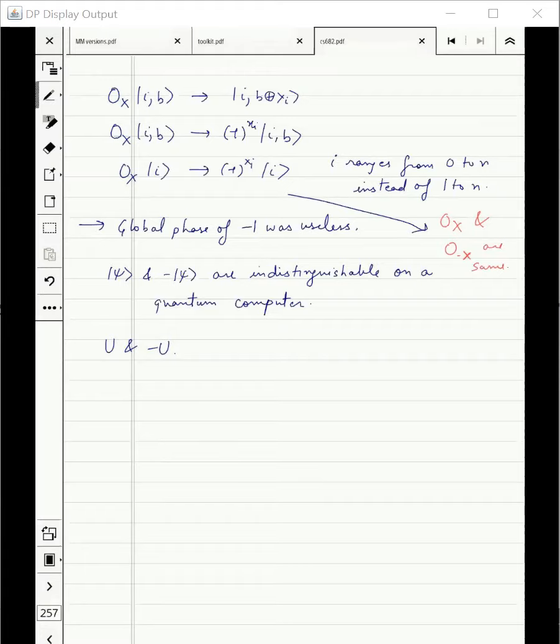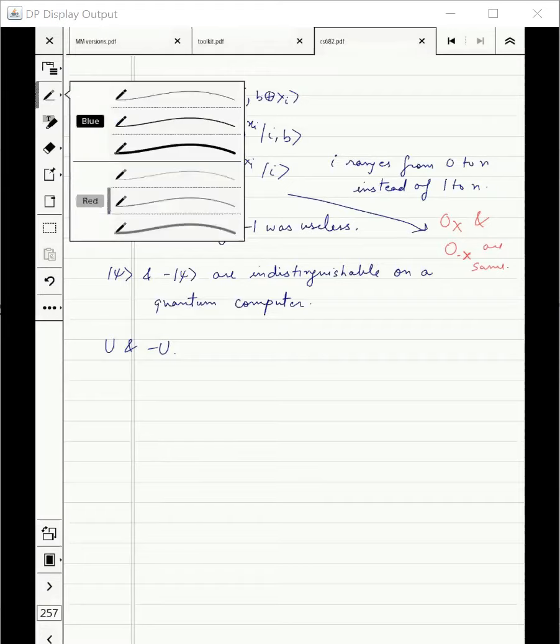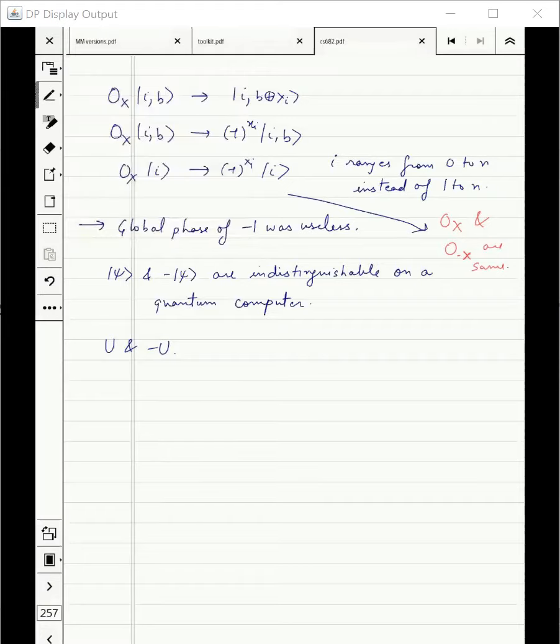Right. So now, again, this is basically showing that U and minus U are exactly the same operator for a quantum computer. It doesn't matter which one you apply. Your final state will have a global phase of -1 if instead of U, you apply -U.